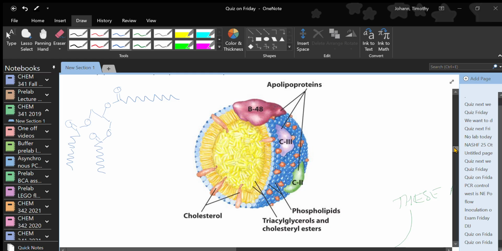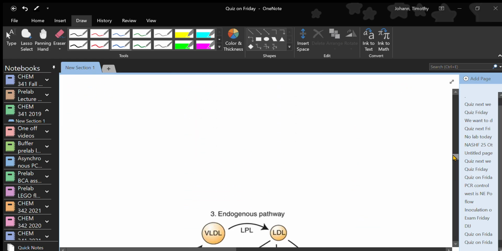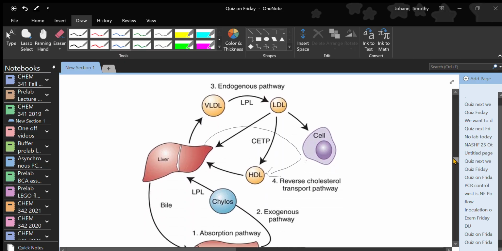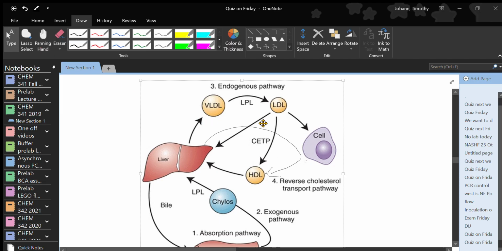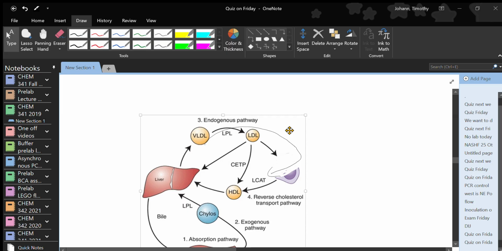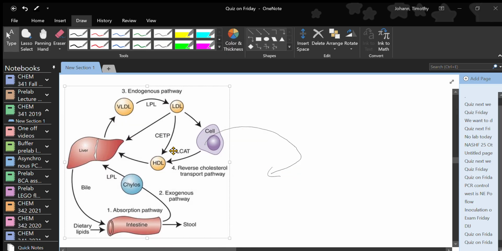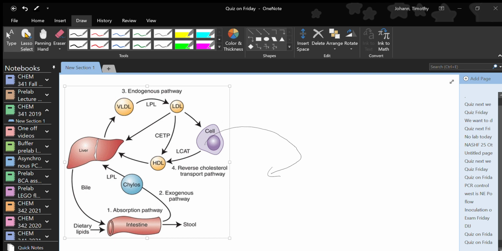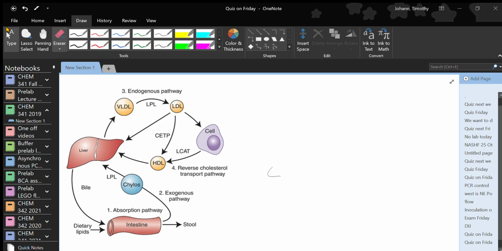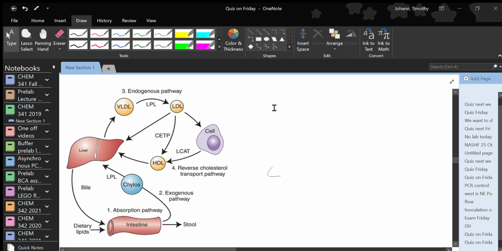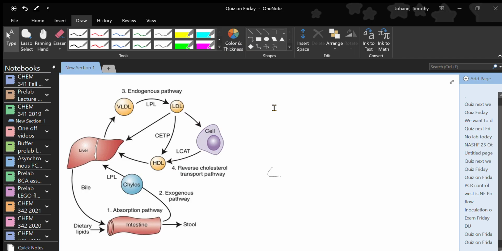All right, there are 4 of these that we are going to talk about. Actually, we'll go ahead and take a look at this picture for that, and then we can talk about each of these individually. All right, so I'm going to do these in kind of chronological order about how the lipids would run around your body. So when you think about ingesting fats, what happens?